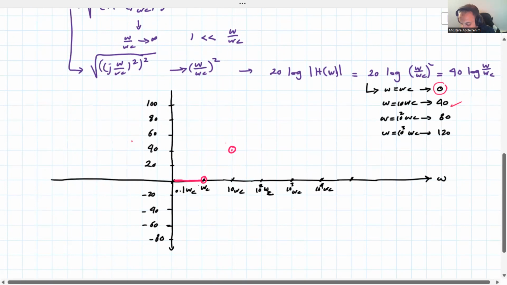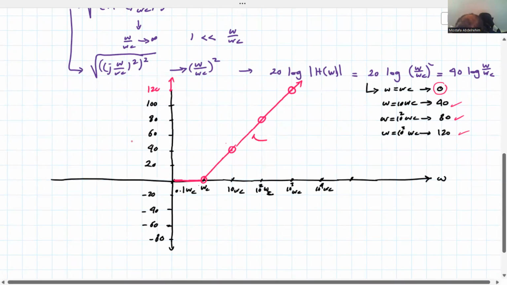At 100 omega c, it's 80. At 1000 omega c, it's 120. So here is 100, this is 120. That's a high pass filter.